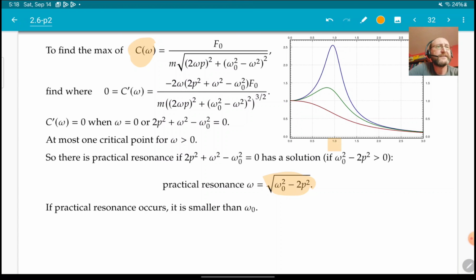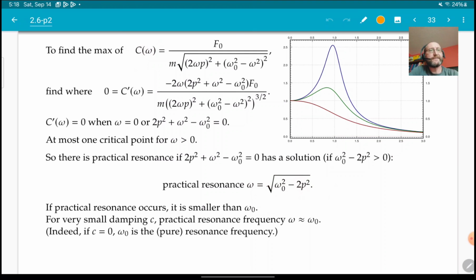For example, here omega naught is 1, and I'm getting it's slightly less than 1. So for very small damping, when c is close to 0, this is very close to omega naught. You can see that over here.